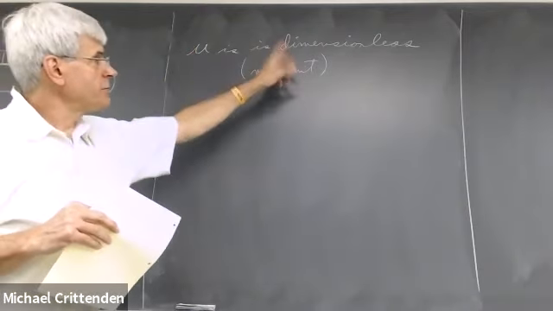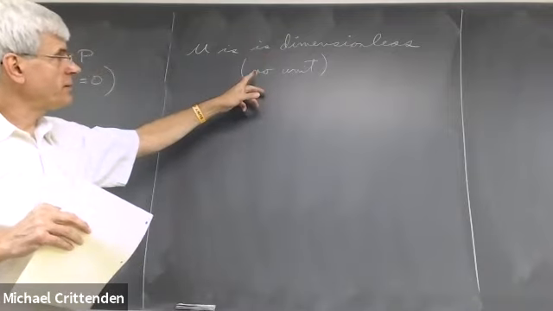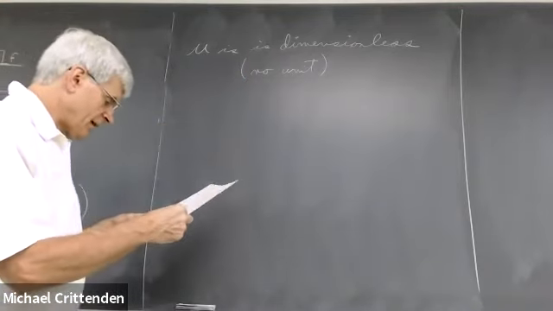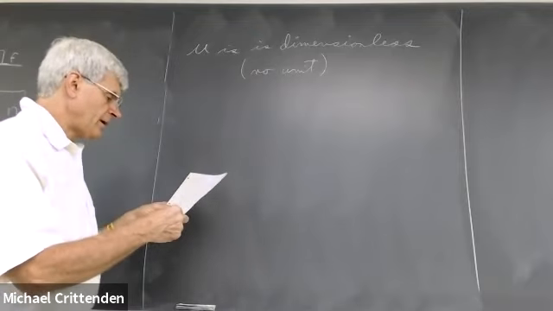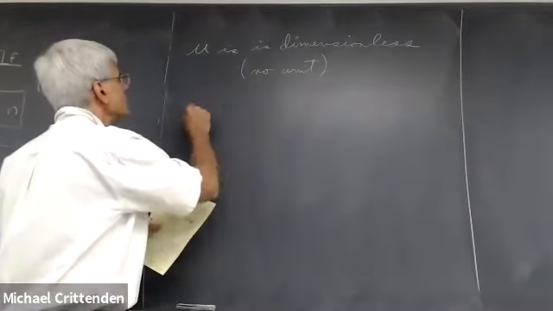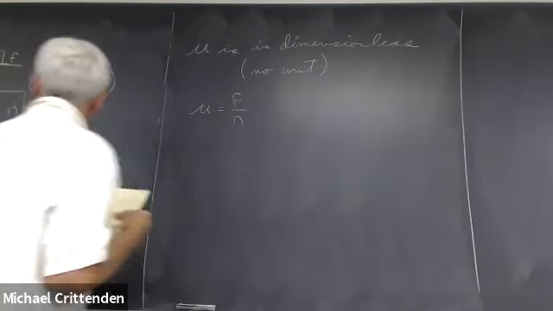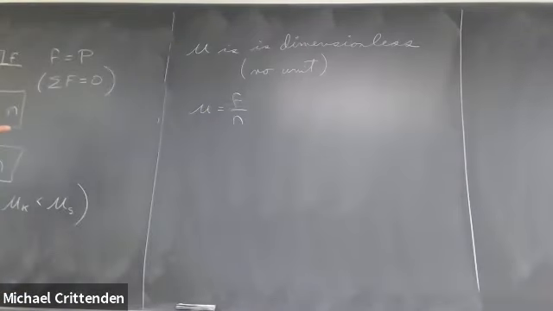Mu is dimensionless, which is to say it is a pure number with no unit on it. If I take f equals mu n and I rearrange it, it becomes mu equals f over n.